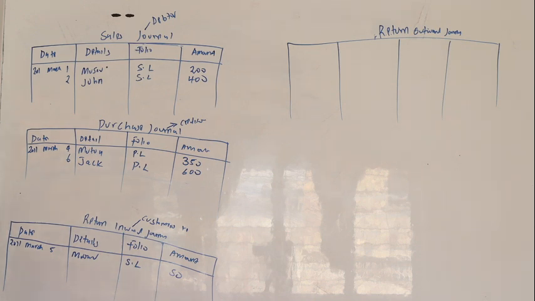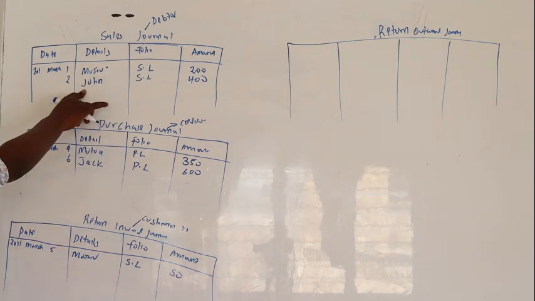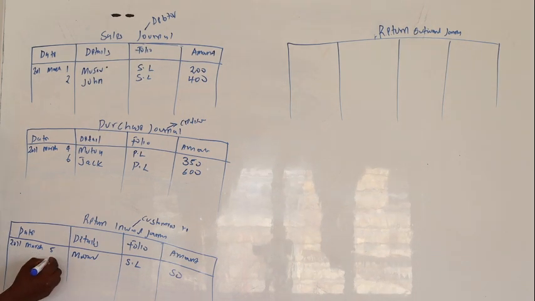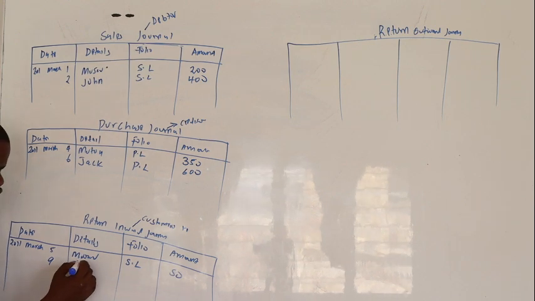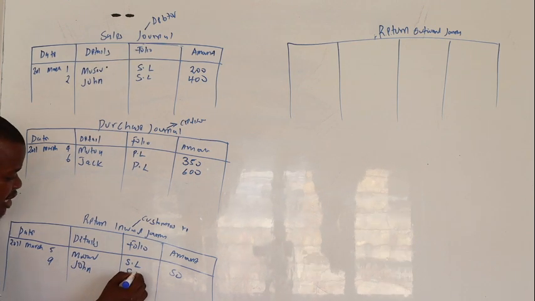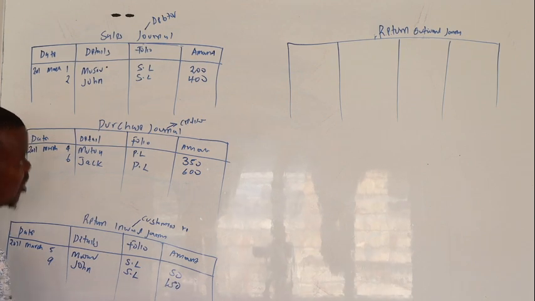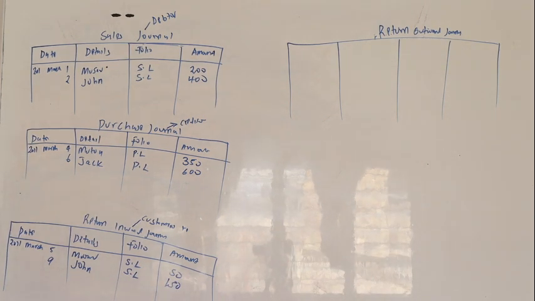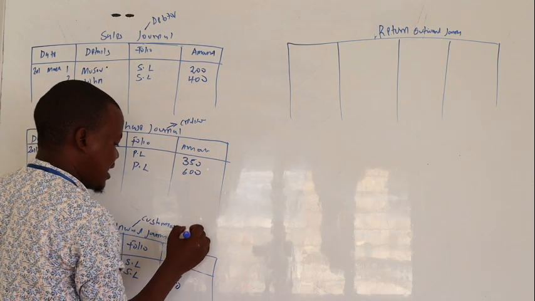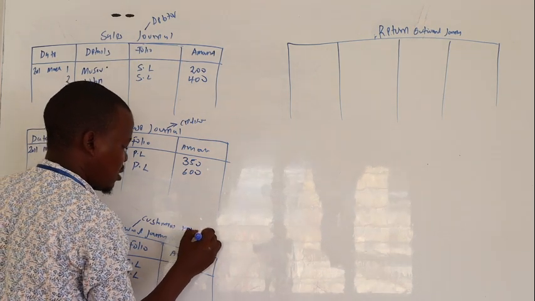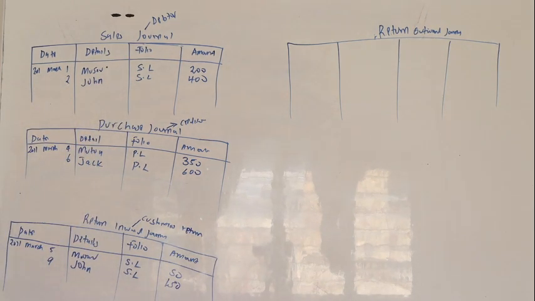John was a debtor, so we record him under debtors. Tarehe 9 John amerudisha. John is in the sales ledger, and he returned goods worth 150. That's a customer return. Customer returns are recorded in the returns inward.